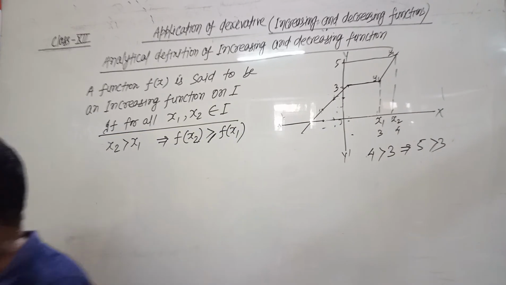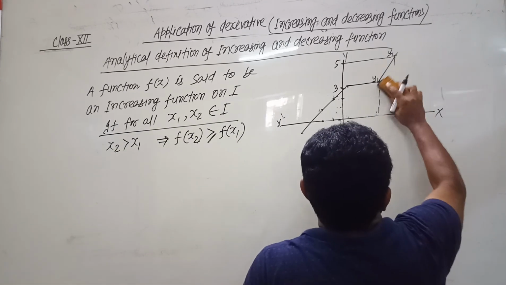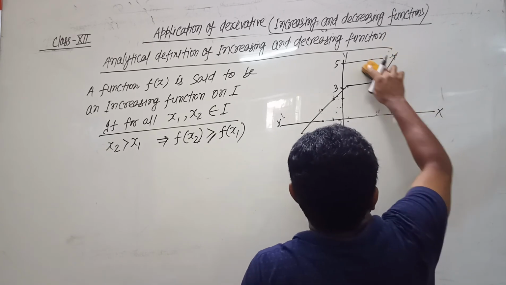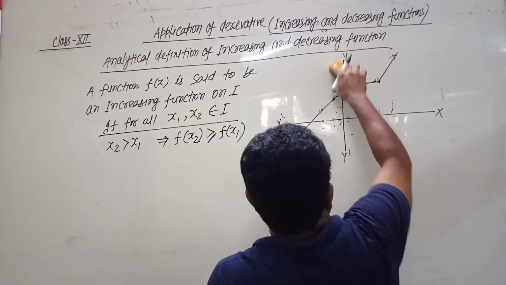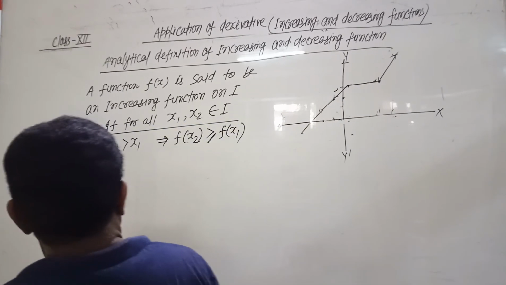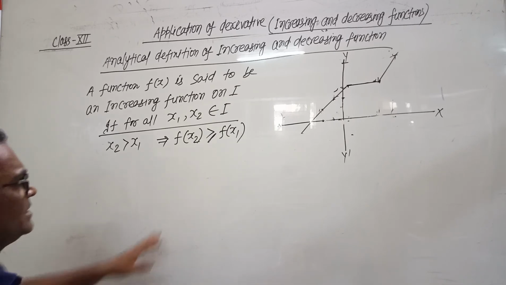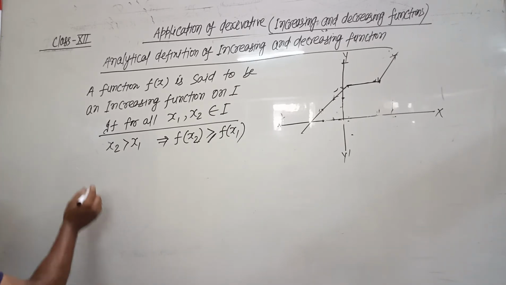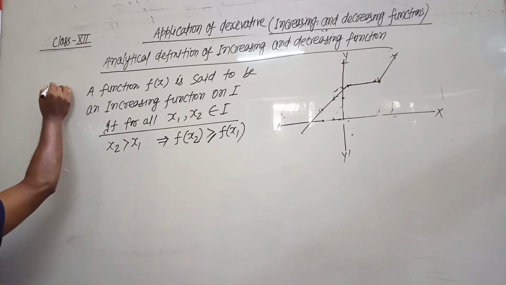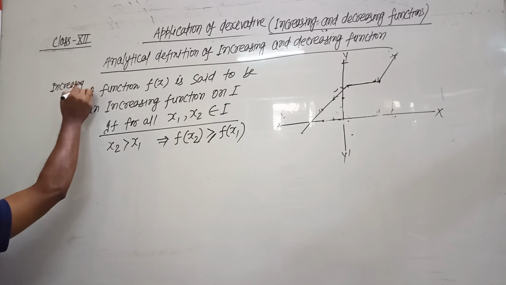So this is the graph of an increasing function, and the definition of the increasing function is, for x1, x2 belonging to the interval, if x2 is greater than x1, then f(x2) is greater than or equal to f(x1).